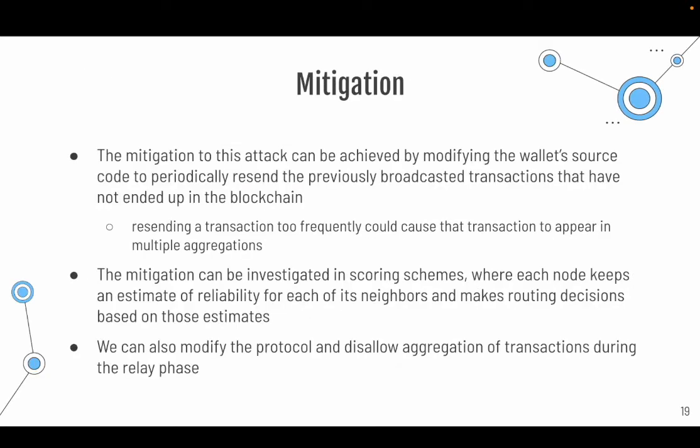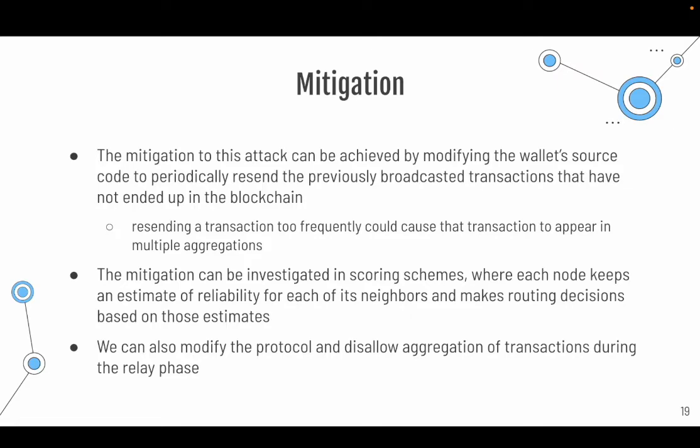The mitigation to our attack can be achieved by modifying the wallet source code for every node to resend the previously broadcasted transactions that haven't ended up in the blockchain.